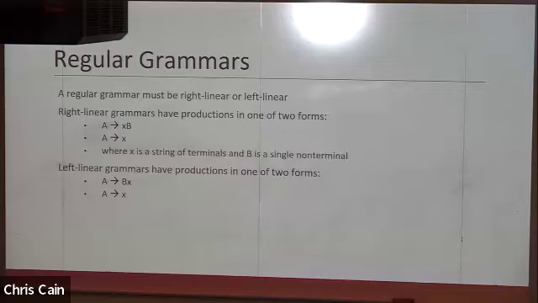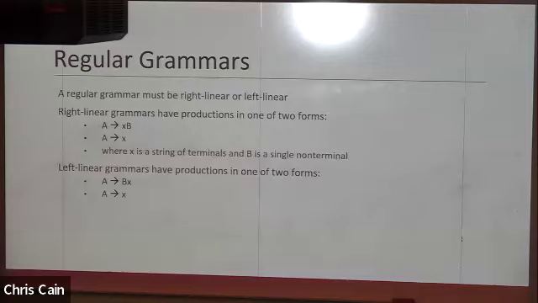All right, last time we were talking about regular grammars. We introduced this idea, which was left linear or right linear, depending on where the non-terminal is in this string. You can see that we only allow up to one non-terminal, which is what makes it a linear grammar. There's only one variable, and it's always at the end or at the beginning.